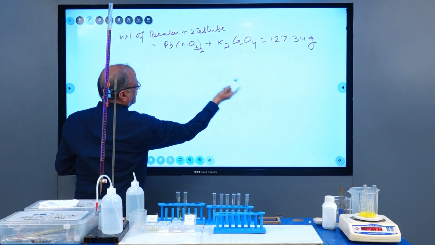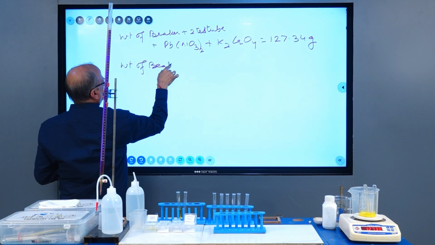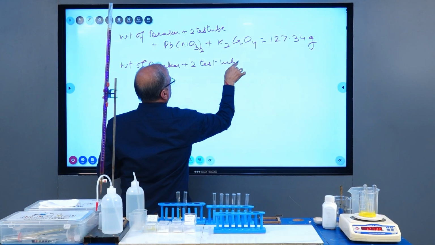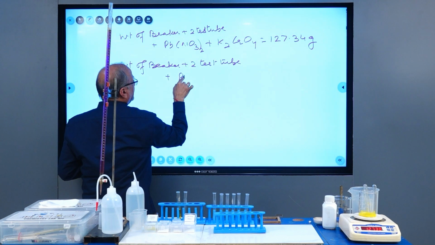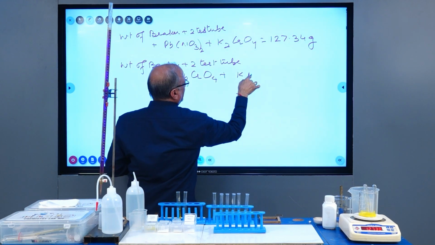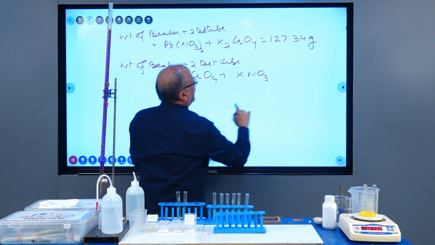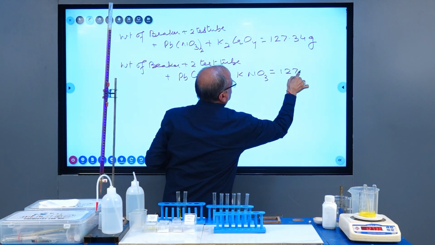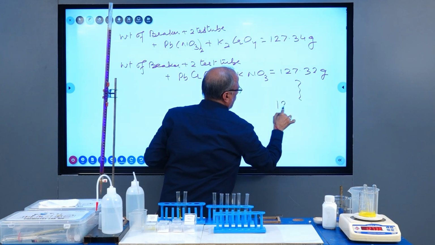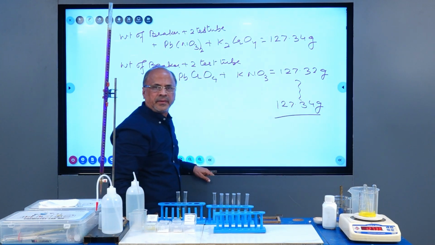Next, after the reaction, weight of beaker plus 2 test tubes plus lead chromate PbCrO4 plus KNO3, formula only, it is not a question of balancing, is equal to 127.32 grams, approximately equal to 127.34 grams, because of loss in the experiment.